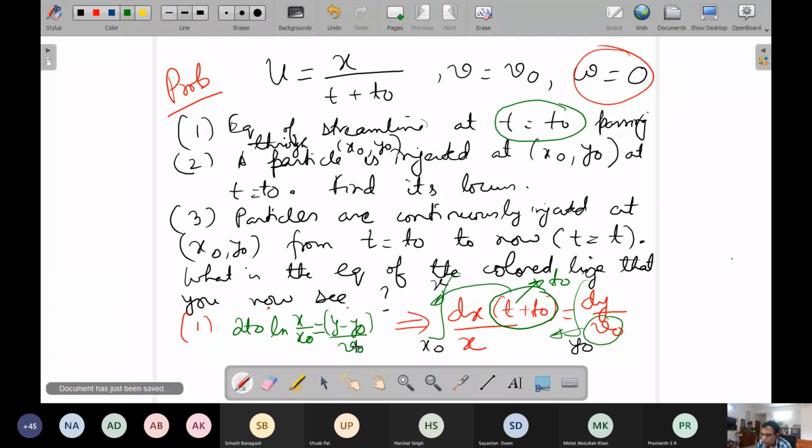So you can write this y as a function of x or x as a function of y, whatever, but this is the equation of the streamline, instantaneous streamline at time equal to t0, and it is also constrained to pass through this. Okay.